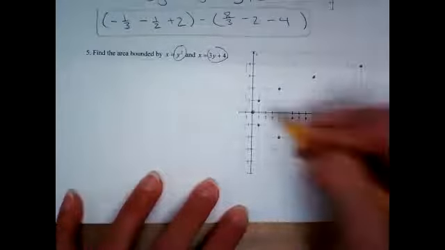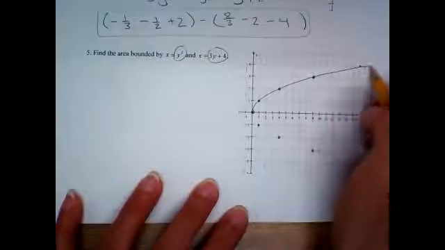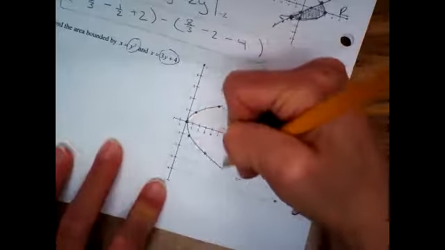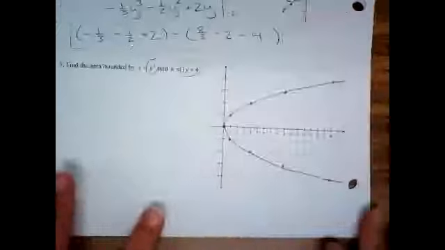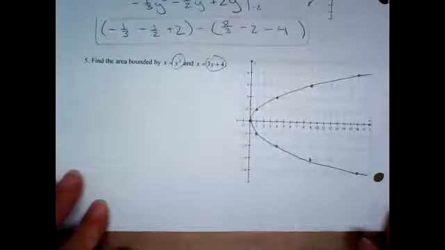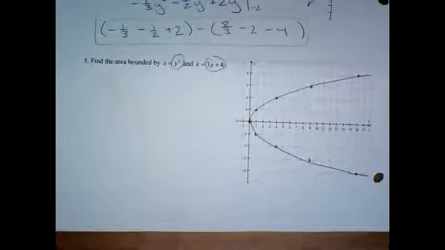Anyway, it's just a regular old parabola, just sideways. Yeah, I'm going to give you a graph that it fits on. They're not. So you get kind of a clue from me.